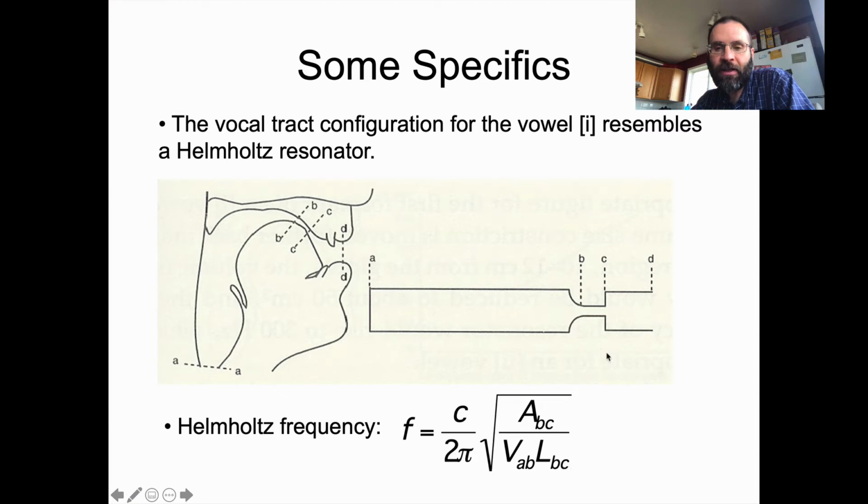The L_BC here is the length from B to C in the same section of the entire setup. And then V_AB is the volume of this back tube, or this back resonator here. c is still the speed of sound, 2 pi is a constant, and then f is going to be our formant frequency for the Helmholtz resonance.